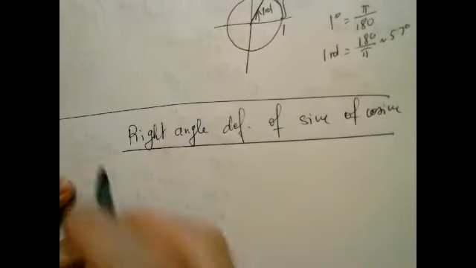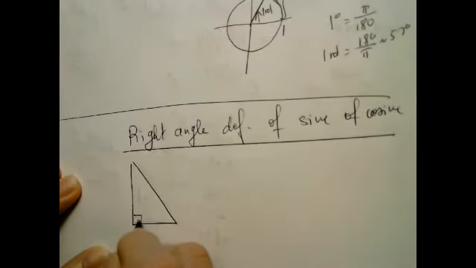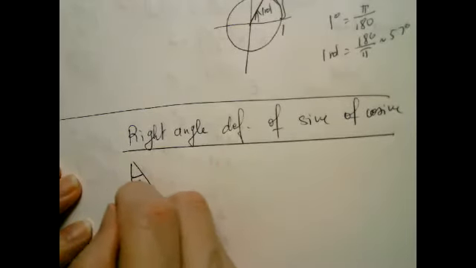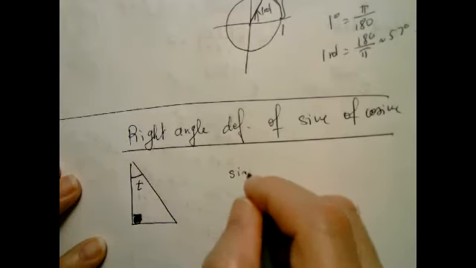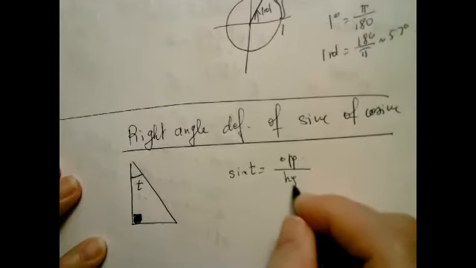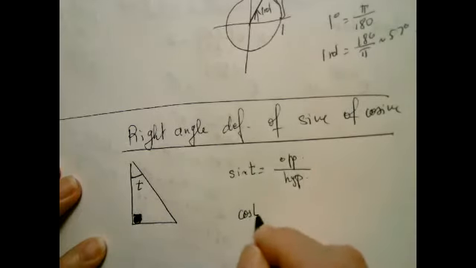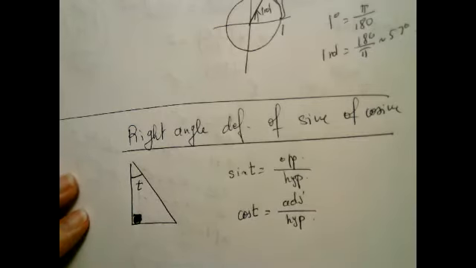You start with a right triangle, and you take an angle, which is T. The sine of T was defined to be the opposite over the hypotenuse. The cosine was defined to be the adjacent over the hypotenuse.